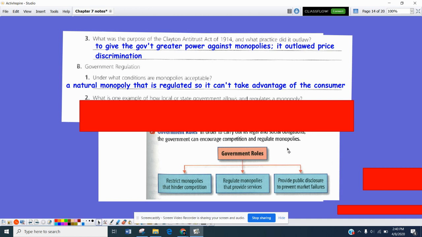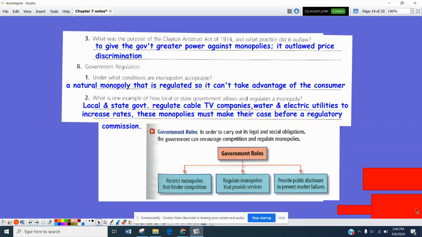So, in number two, what is one example of how local or state government allows and regulates monopoly? Local and state governments regulate cable TV companies and the water and electric utilities whenever they increase rates. These monopolies have to go before a regulatory commission. As a matter of fact, in Nebraska, we have regulatory commissions for water and electricity. So if MUD wants to raise rates, they have to go before the board to get permission to do that.